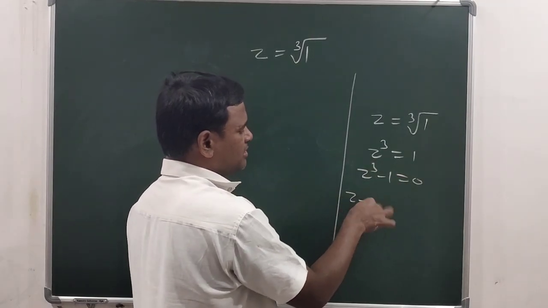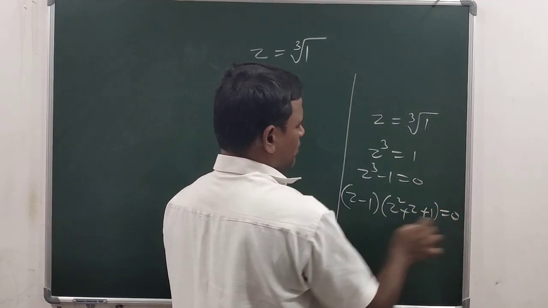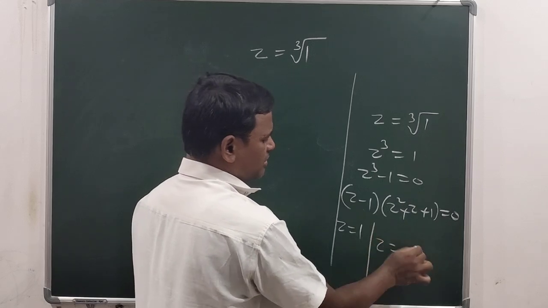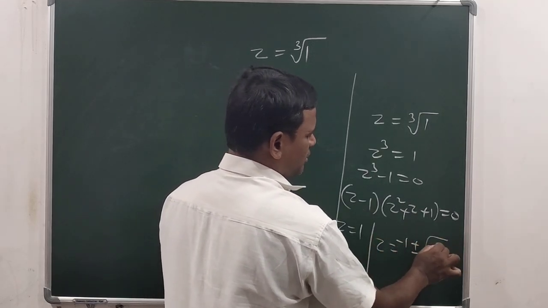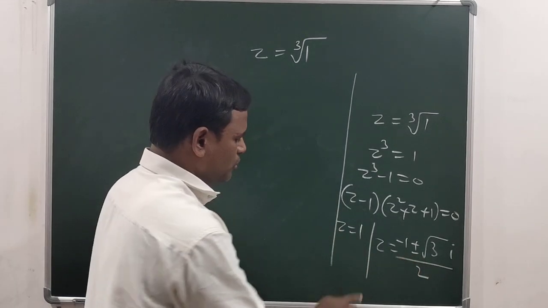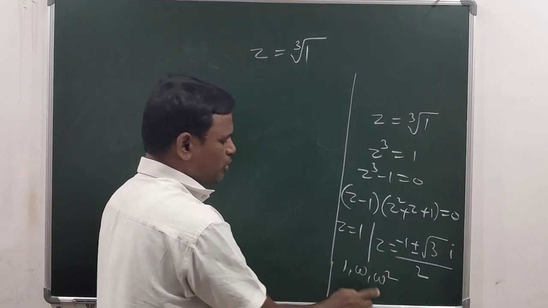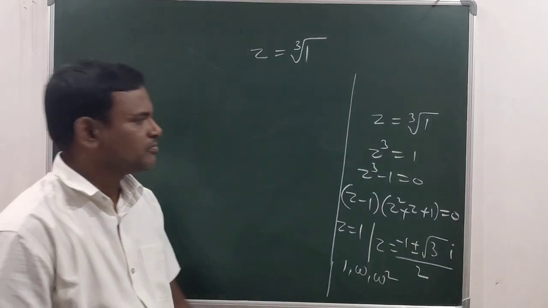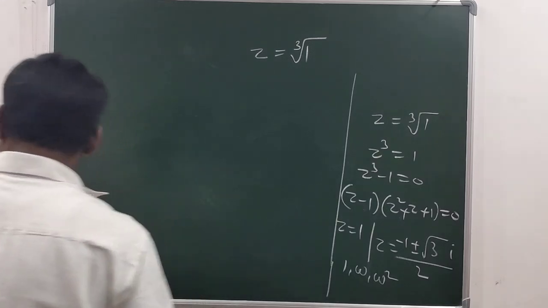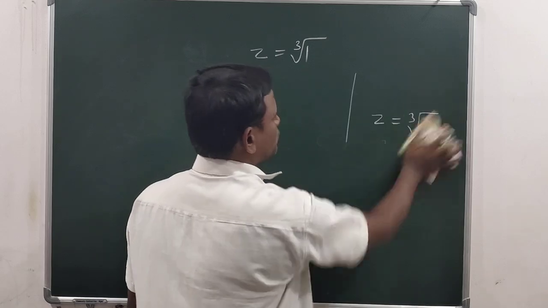Now factorize it: (z minus 1)(z square plus z plus 1) equal to 0. Now we equate both of them to 0: z is equal to 1, and z is equal to (minus 1 plus or minus root 3 i) by 2. So you have taken those roots as 1, omega, omega square, and you also read their properties. But with the help of this nth root of unity formula you can obtain those roots.